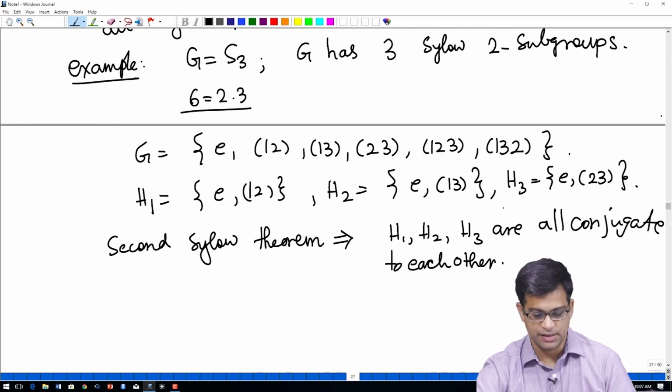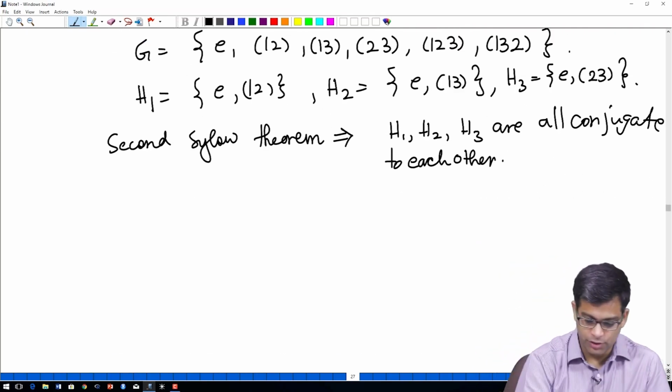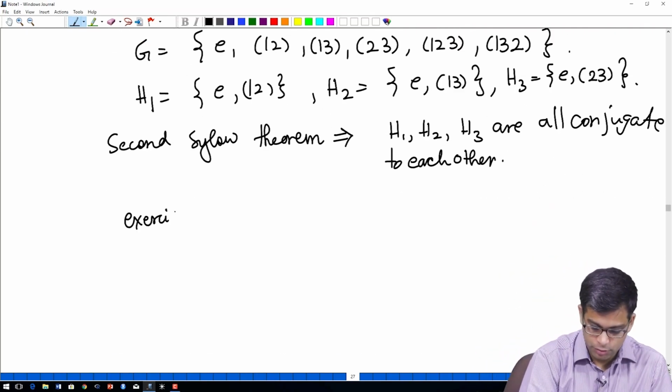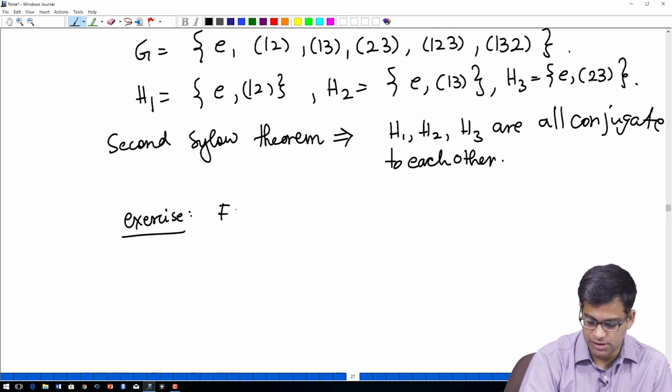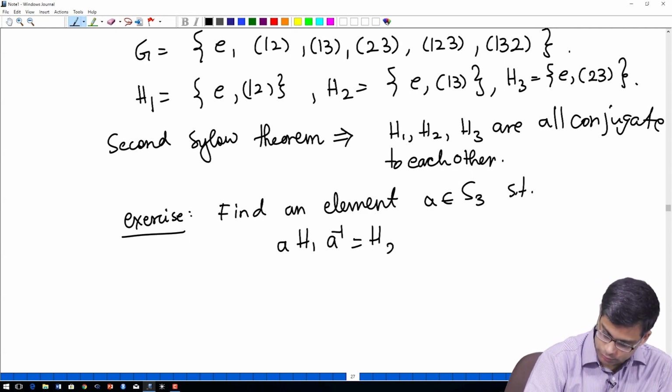This I will leave as an exercise for you to specifically choose an element which conjugates H1 to give you H2. So, as an exercise, maybe I will just ask this: find an element, let us say a in S3 such that a H1 a inverse is H2.